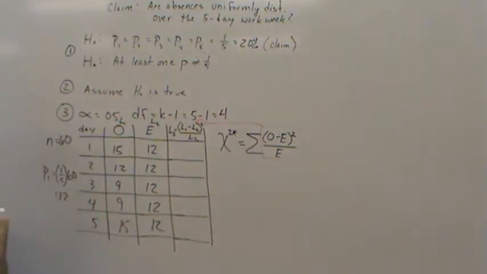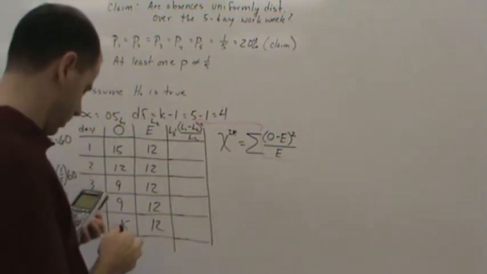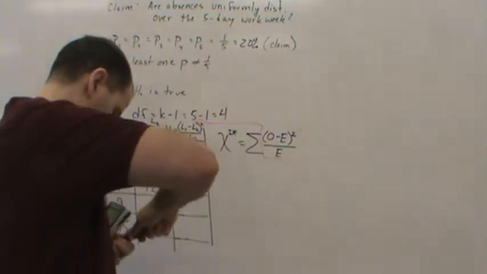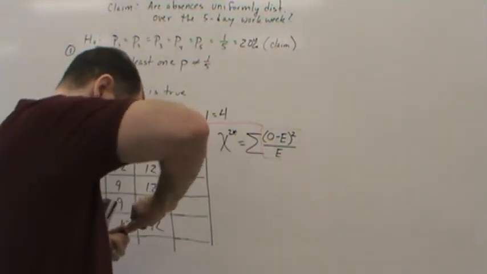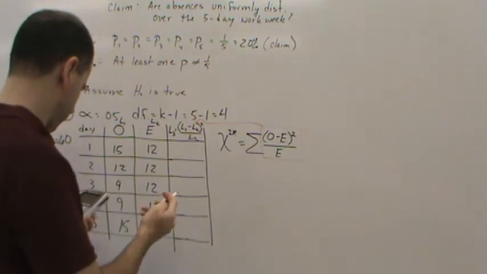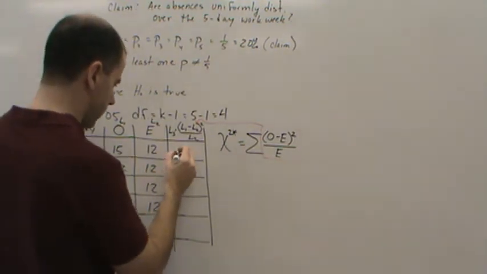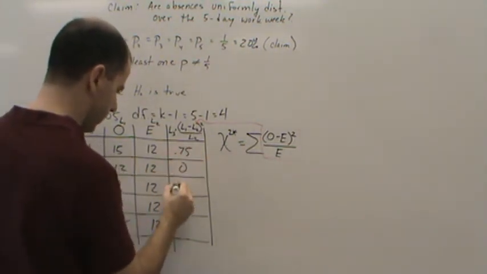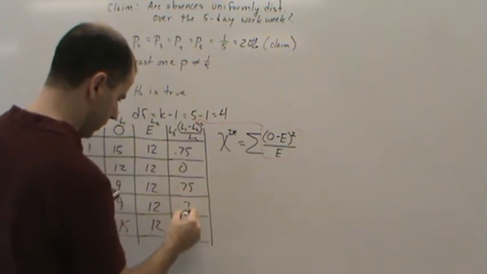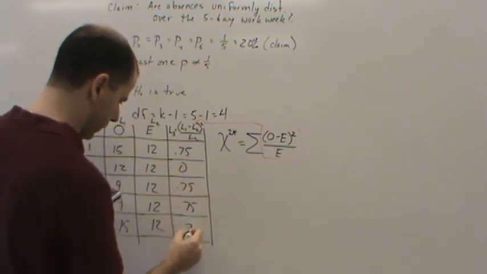So what I have, and I'm going to write it down just so you guys see what they are. So this turned out to be 0.75, 0, 0.75, 0.75, 0.75.